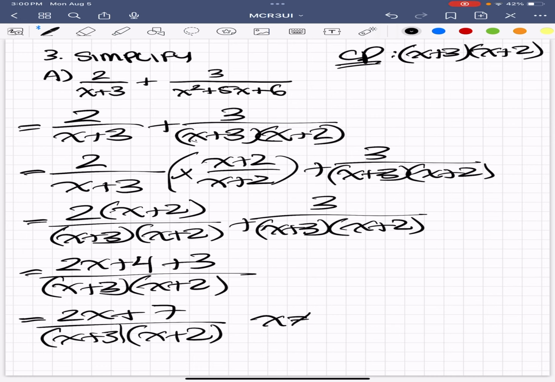And x cannot be negative 3 or negative 2.